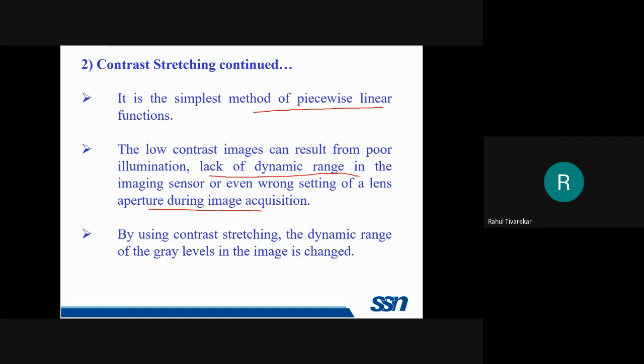The reasons may be any one of these, but by using contrast stretching, we can make it better and improve the dynamic range. We can make dark samples more and more dark and bright samples more and more bright, and hence we can have a spread of very dark to very bright intensities, and the image will look better.